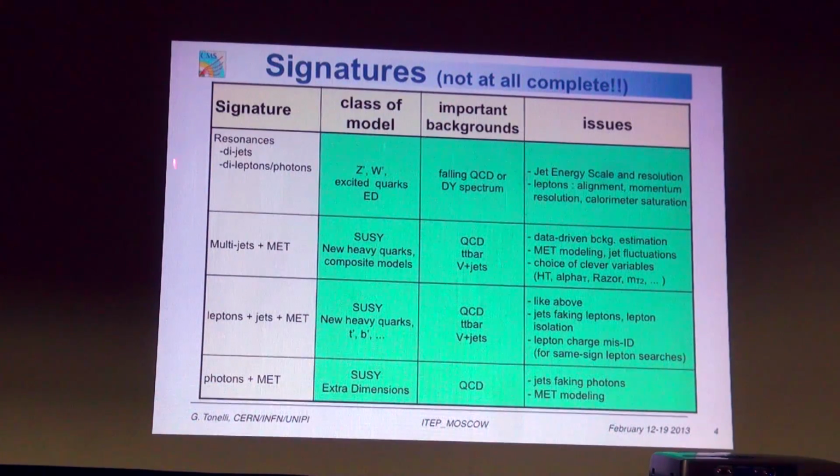For example, you may look for strong resonances, or anomalies in the dijet distributions, or in the dilepton or diphoton distributions, for example Z prime, W prime, or excited quarks in large extra dimensions. The typical backgrounds are the QCD spectrum, which is steeply falling, or the Drell-Yan spectrum, which is also steeply falling. And you have a problem to solve, which is the jet energy scale.